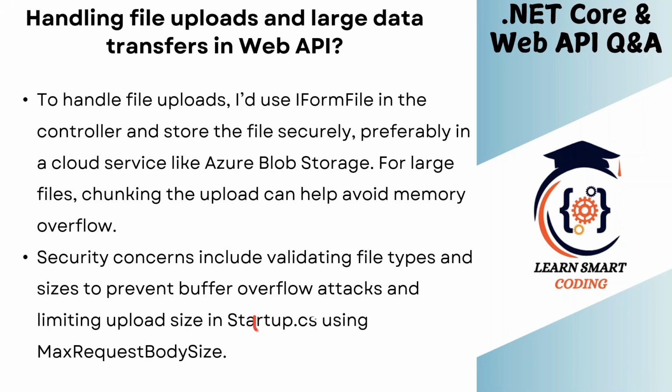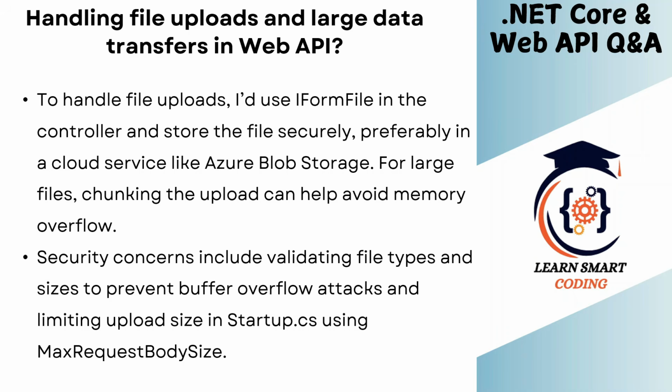Okay, if you're also asked about file uploads and how you handle large file data transfer in web API, basically you will use IFormFile to get the file information in the controller. Then you store it in Azure Blob Storage and retrieve it whenever you want, instead of storing it in the server itself, because it will go away. So you can store those kinds of files in Azure Blob Storage.